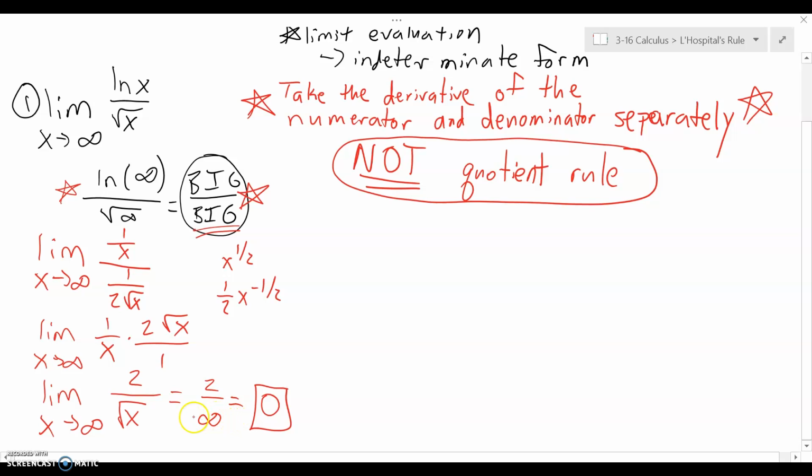The bottom is changing very rapidly in comparison to the top. So even if both numbers are big, the bottom number is getting big at a much, much faster rate. And that's what L'Hopital's method is doing. It's comparing the rates, or it's looking at the derivative of the numerator and denominator separately.